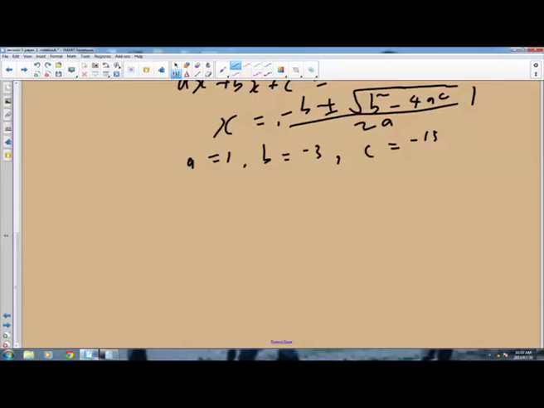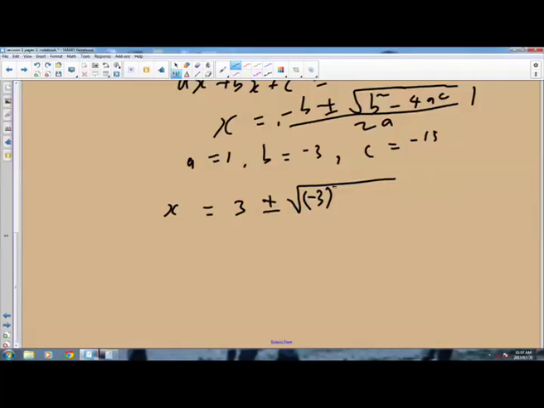We now substitute in the quadratic formula. x will be equal to minus b. So what is our b? Our b is minus 3, so this will be minus minus, which will give us positive 3, plus or minus the square root of b squared. So we are squaring minus 3.